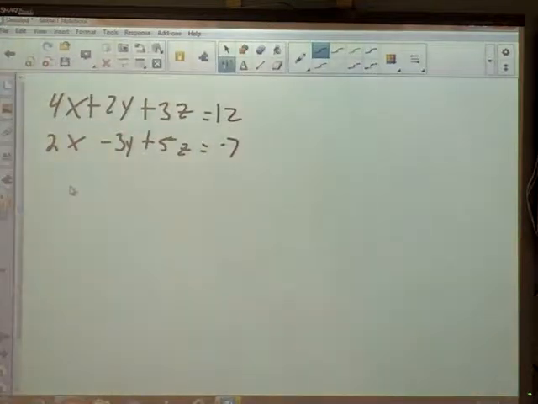Yeah, I put lines through my z's like that so we'll know if it's got a line through it, it's a z. And then 6x minus y plus 4z is equal to -3.